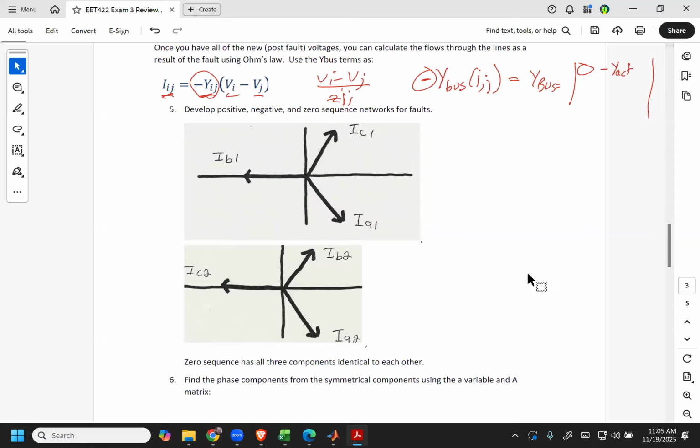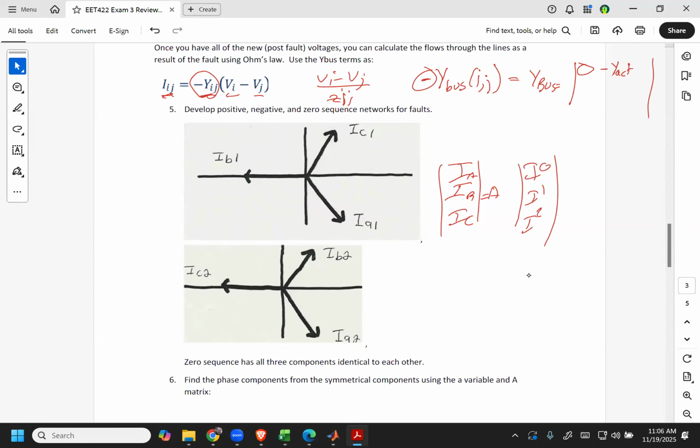You can still use the zero sequence, negative sequence, and positive sequence currents at a particular bus. Once you have all the phase currents, IA, IB, and IC, you can use this approach and invert to solve for the symmetrical components, but you have to get those from the phase currents.